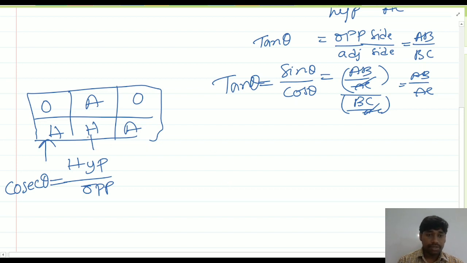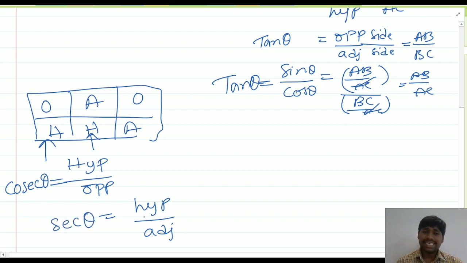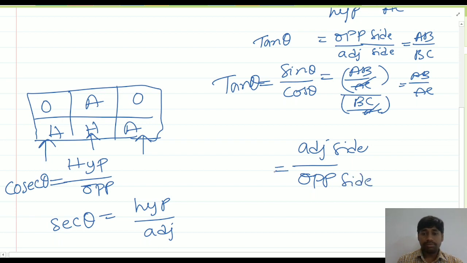Next, if we read from here onwards, what is that? Hypotenuse by adjacent. So hypotenuse by adjacent is called simply sec theta. Next, read here. The other one is adjacent by opposite. The ratio becomes the cotangent, simply cot theta.